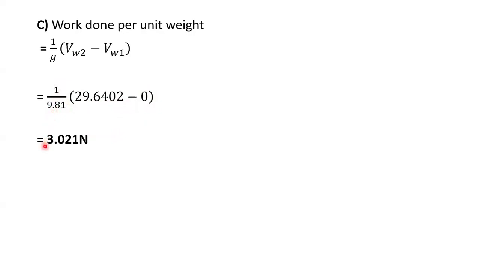Your answer is 3.021 joules per Newton. I think this one was just some typo in the unit. So that's our answer for the work per Newton, work per unit weight of that fluid.